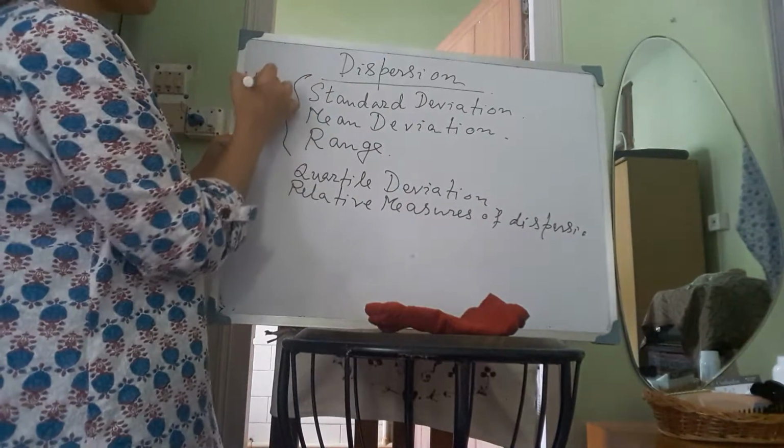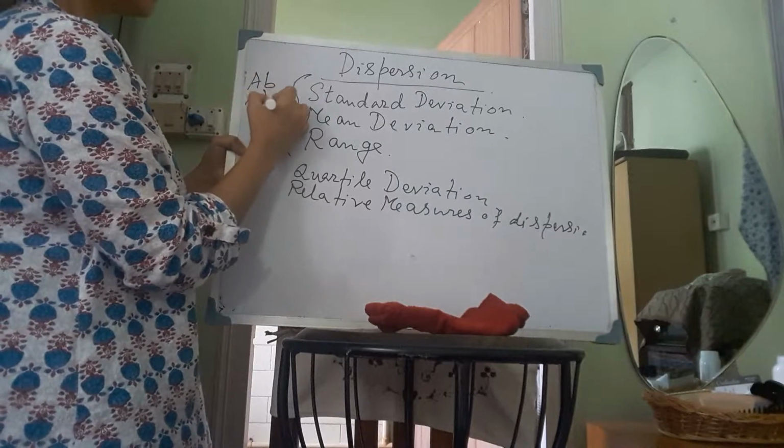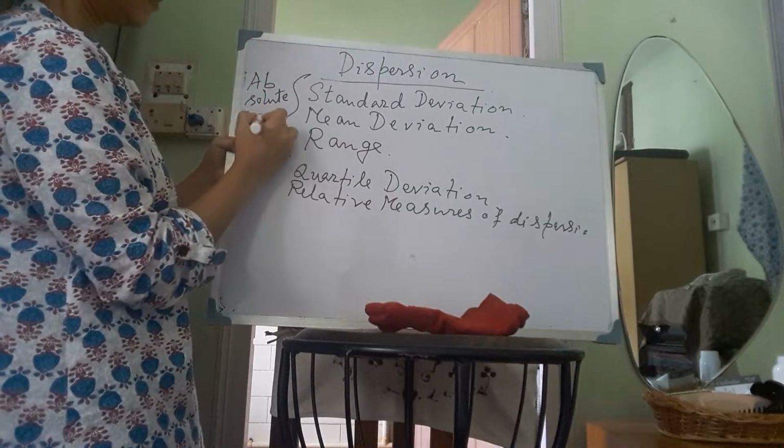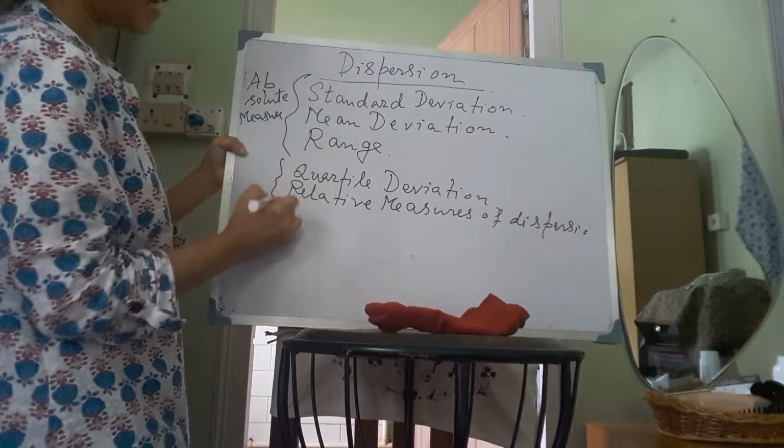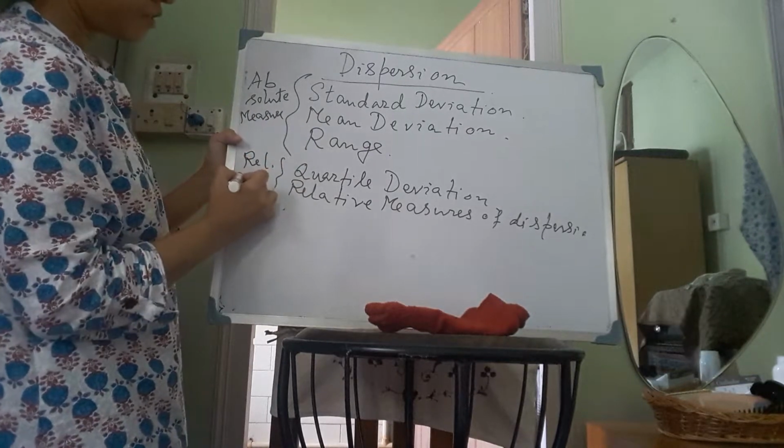So these are the absolute measures of dispersion, and these are the relative measures of dispersion.